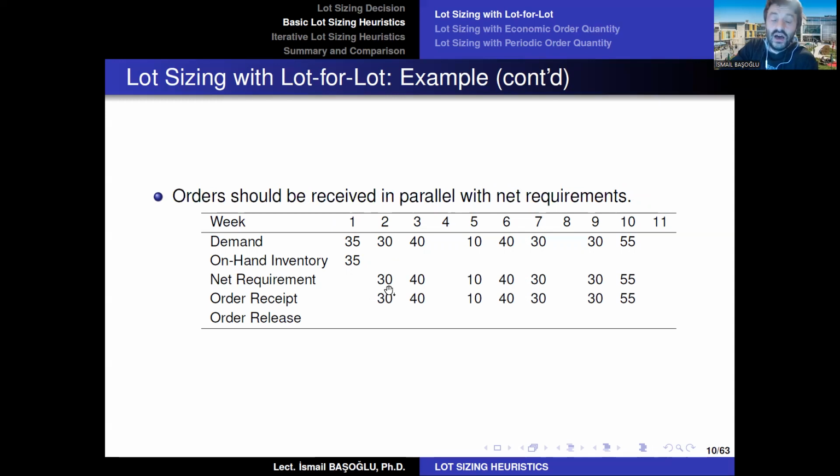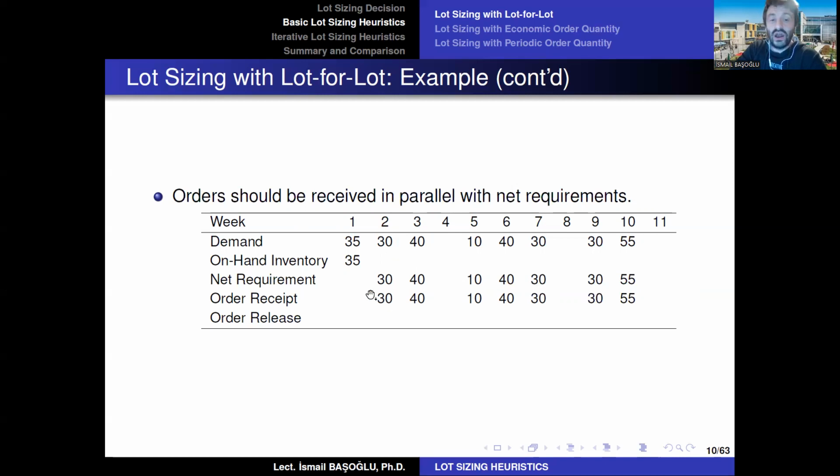Okay. Now, if we do that, the same thing will happen and there will be no inventory carried to the next period. And we will be supposed to meet the net requirement of the third period, obviously. And we are going to plan an order receipt in the third week to meet that demand, so on and so forth. So this is how we apply the lot for lot approach, as you can see. Any net requirement that is written here will be met immediately and exactly.